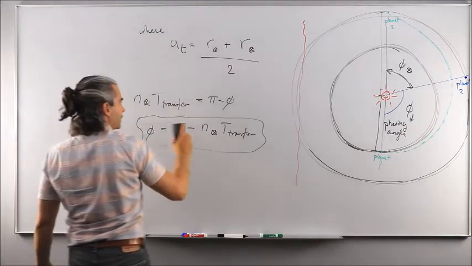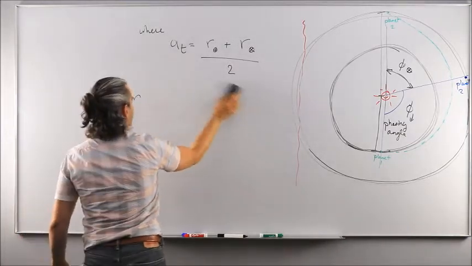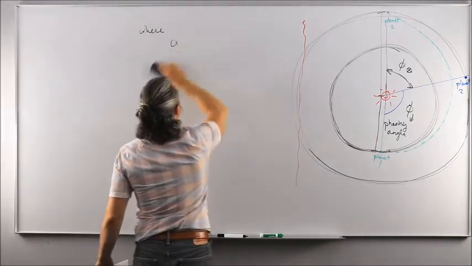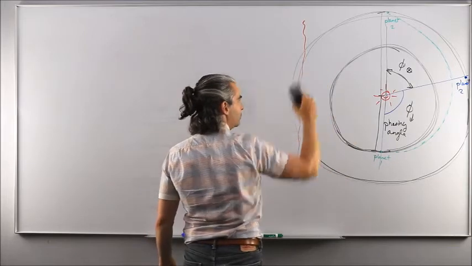So now that the timing aspect has been figured out, let's try to see how much fuel is going to be needed to go from planet 1 to planet 2.